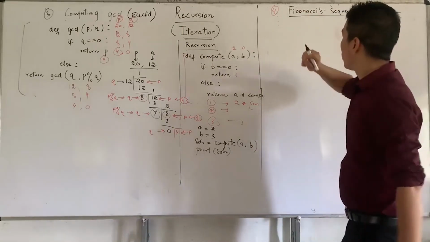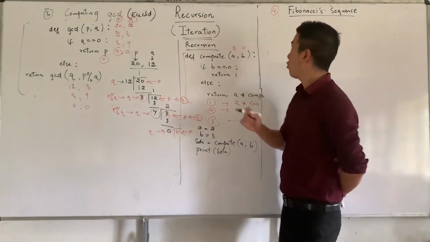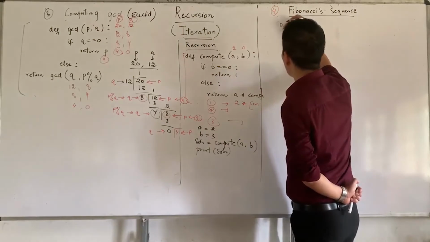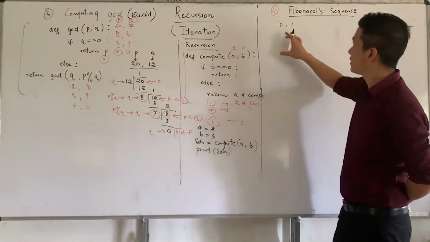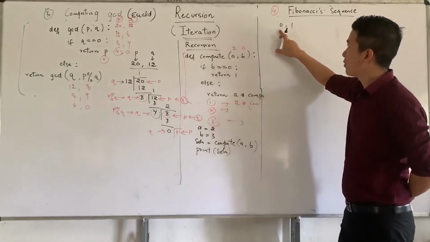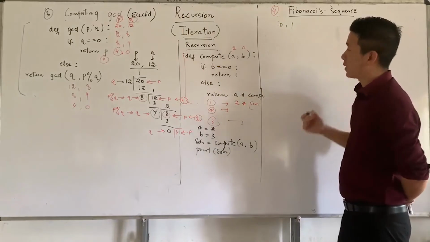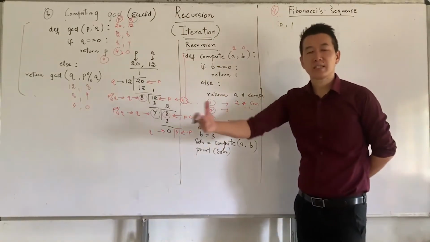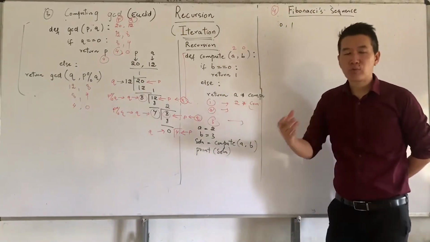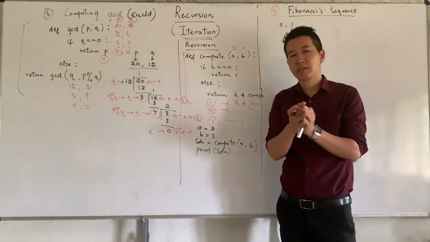Okay, so the first two numbers of the Fibonacci sequence will always be 0 and 1. So this will be the first number of the Fibonacci sequence, and this will be the second. The successive numbers will be generated by the sum of the two preceding numbers.